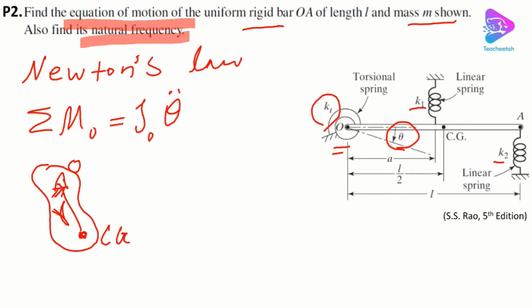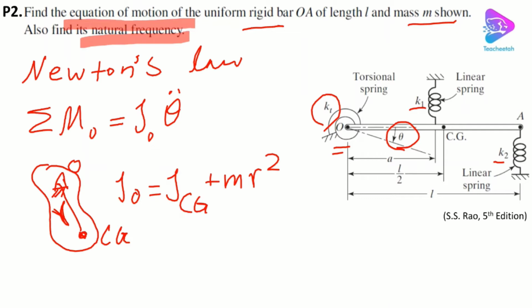So this is R. So J with respect to O is equal to J_CG, which is the mass moment of inertia with respect to the center of gravity, plus mR squared, right? Where R is the distance from the pin point to the center of gravity.